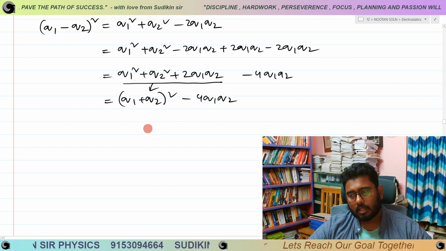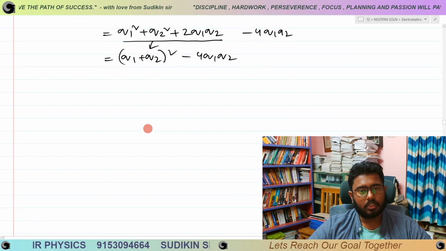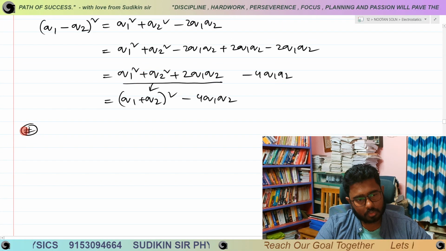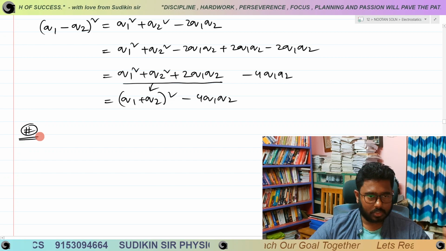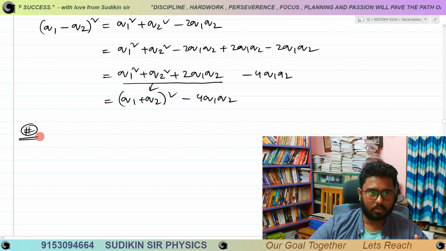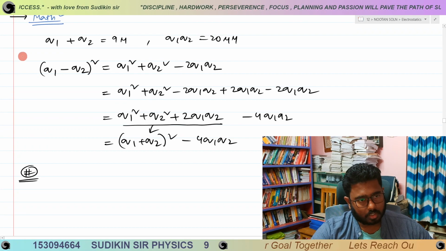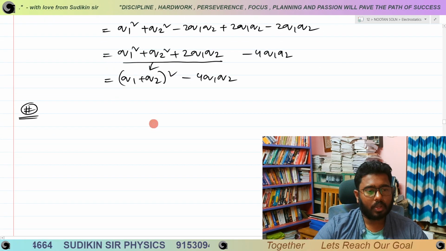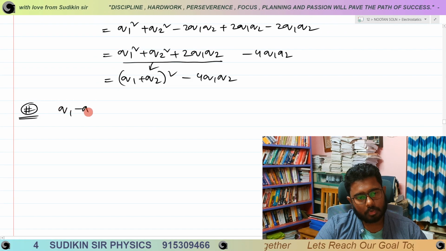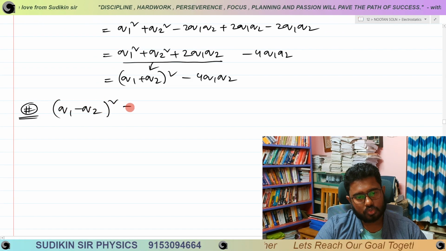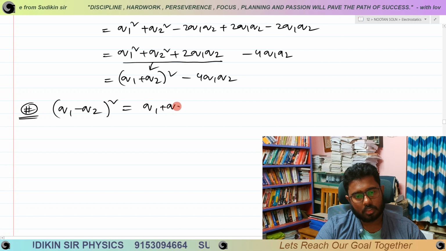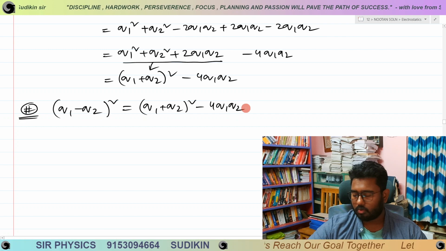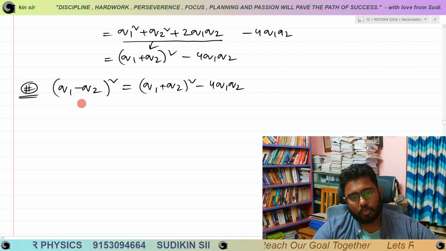Okay, now from this expression you just note it down, because next time if we will be using this, we won't be doing it again. So take it as a note work and practice this thing. What you have to remember is that q1 minus q2 whole square becomes q1 plus q2 whole square minus 4 q1 q2.